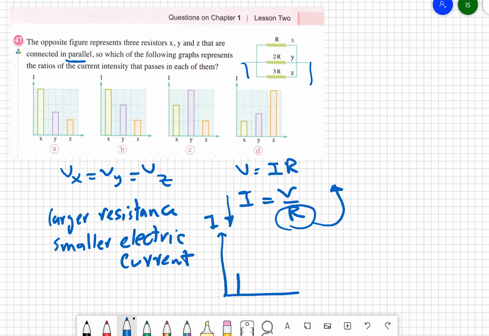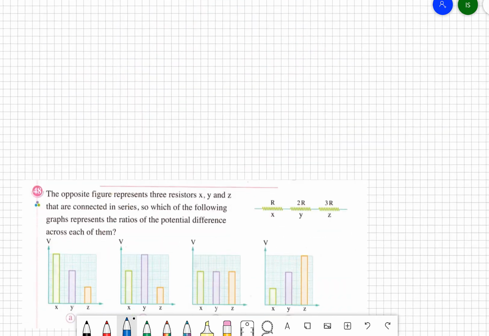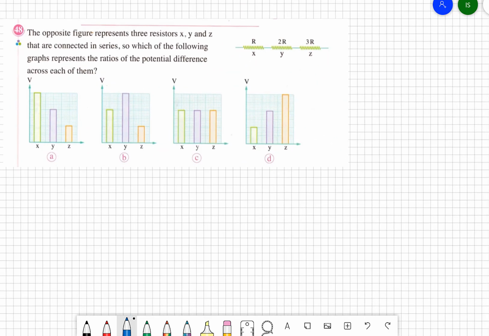Sure R. So this is the highest electric current in resistance X, and smaller than it the Y resistance, and for Z because it has larger resistance, so the smallest current. So which graph here? Letter A. Let's go to the next one.